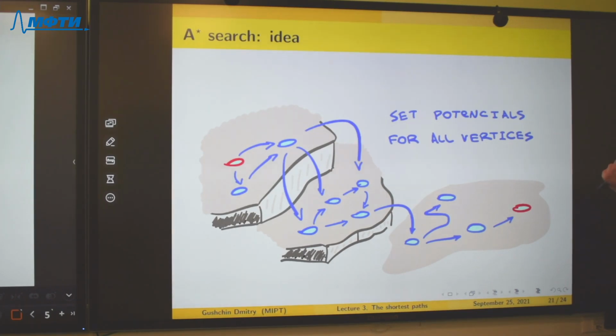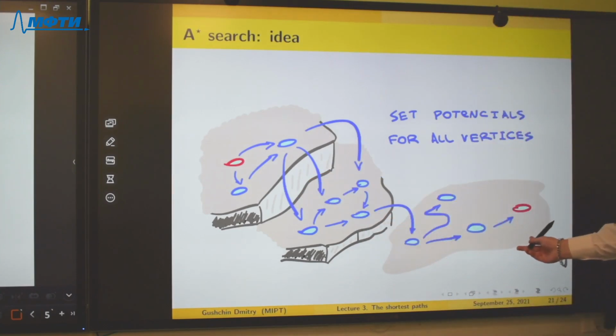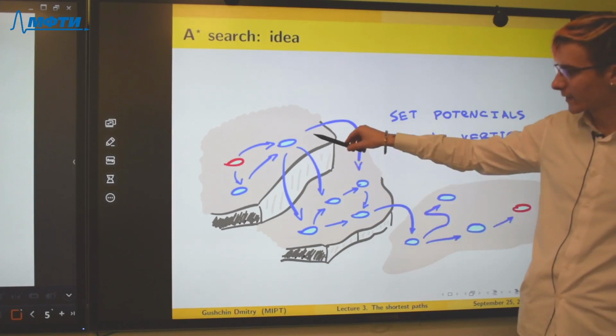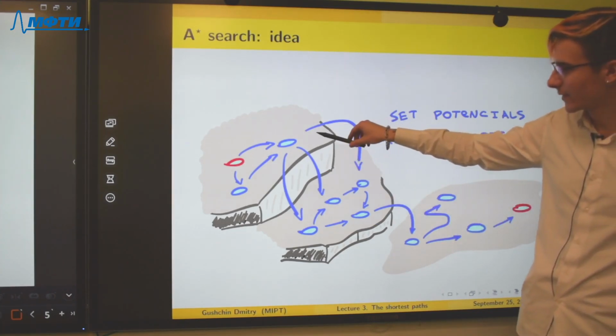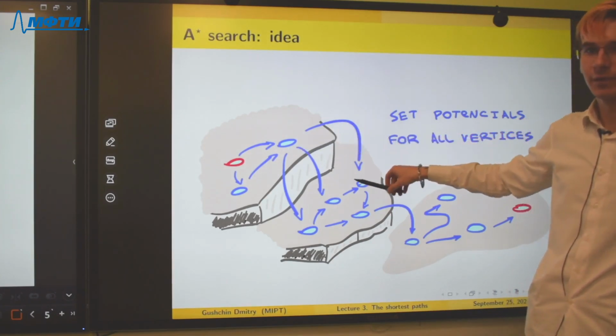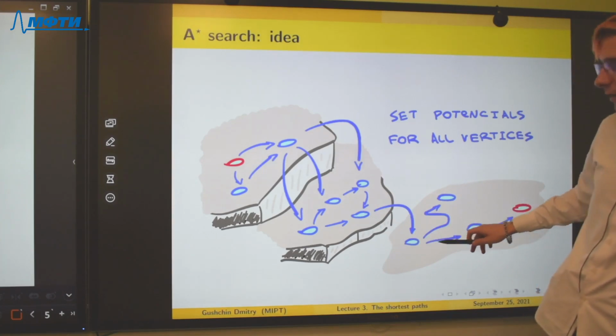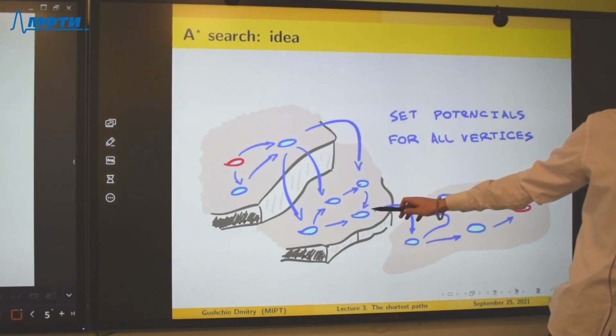Imagine that you need to find the shortest path between this place and this place. Of course, you will find paths that will start on a higher place and end on low places.